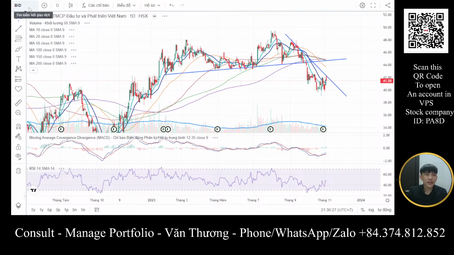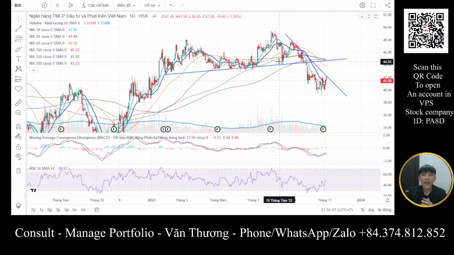A lot of stocks in VN30, like the bank, the steel, the real estate, the technology, the energy, the stock company, everything in VN30 affects most of the VN index. And right now I see a lot of stocks in VN30 in a downtrend that broke down the support.